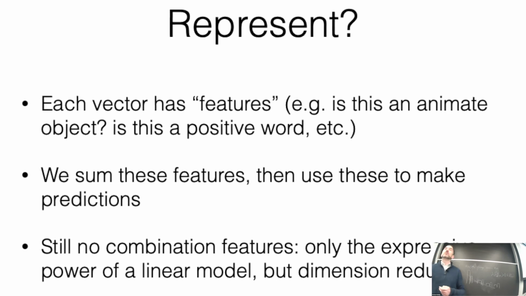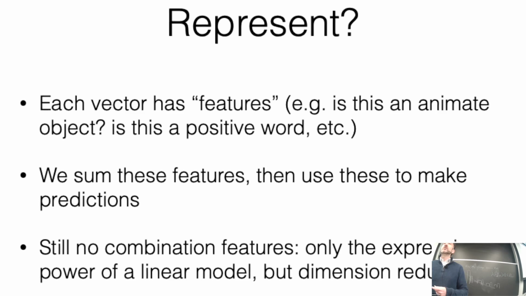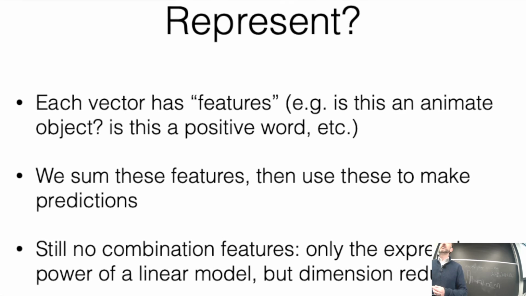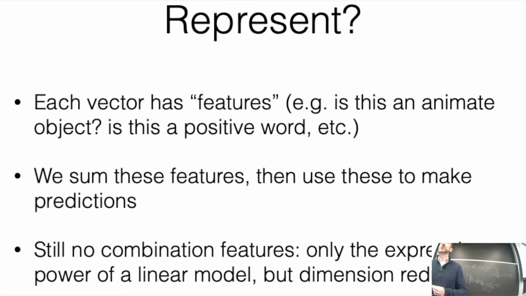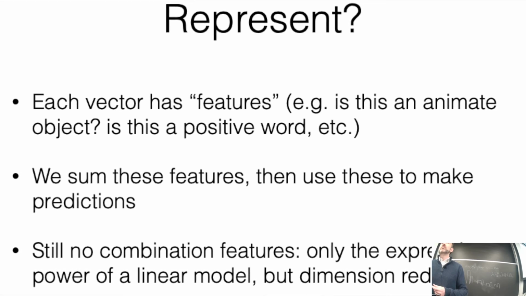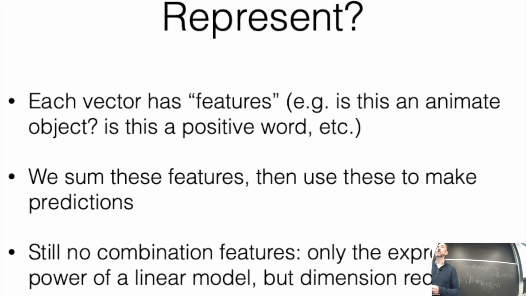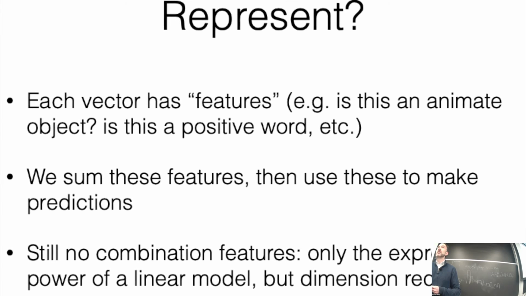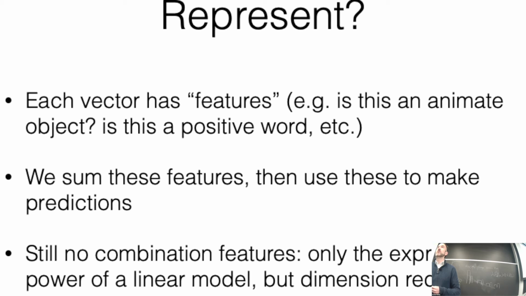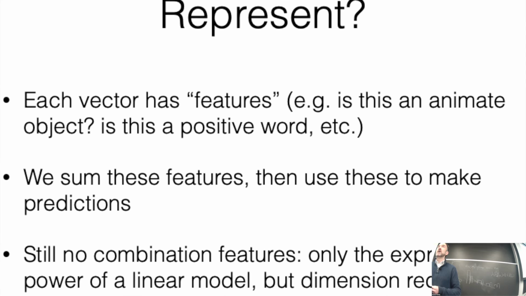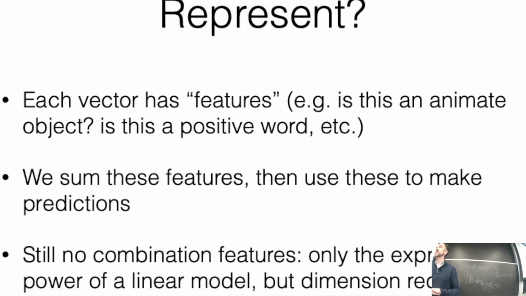And so with neural networks, the way we fix this is we first extract these features. We take these features of each word embedding, and then we run them through linear multiplications and then nonlinear transforms to extract additional features. And finally, we run this through several layers and then use the resulting features to make our predictions.